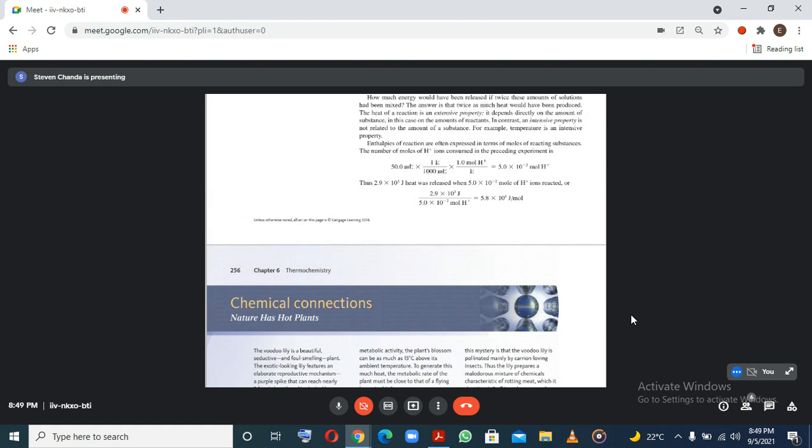So we'll just quickly wind up on this, so that when we come back we'll look at examples, so that it moves a little bit quicker, right? So let's wind up. The answer is that twice as much heat would have been produced, right? The heat of a reaction is an extensive property, so it depends directly on the amount of substance, in this case the amount of reactants.